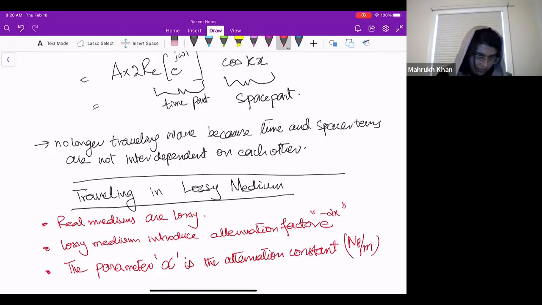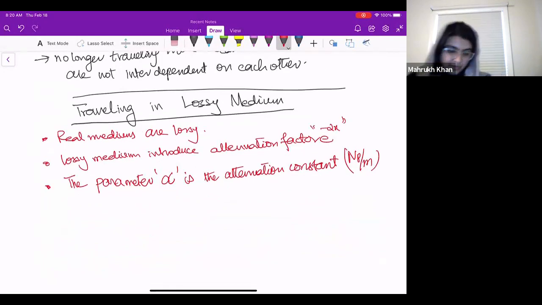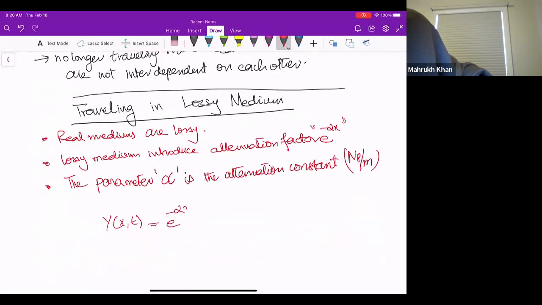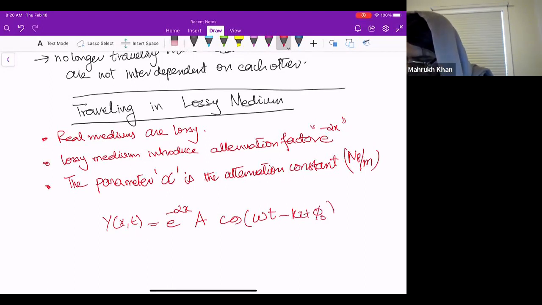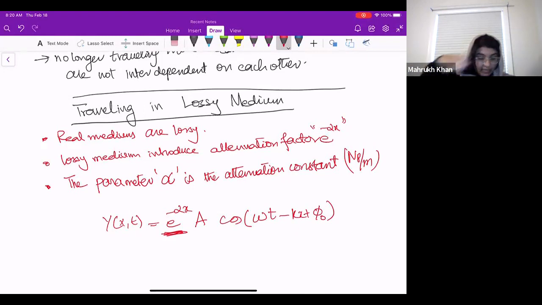And if you want to express your wave in a lossy medium, it will be expressed as, where this thing tells you that it will decay with x.